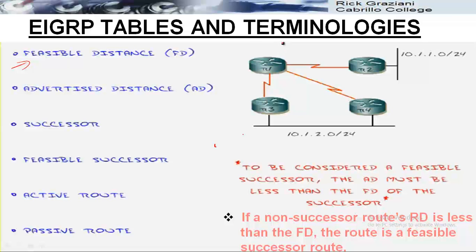So FD here is the least metric to reach a network in question. For instance, if you take this topology here, let's say this network is the network in question, from the perspective of router 1. Router 1 is hearing about that network from both router 4 and router 3. Let's say the cost through router 3 is a major one, it has higher bandwidth of say 100 MB. Though for WAN connections, you'll rarely see guys with a 100 MB connection, unless it's some university or something.